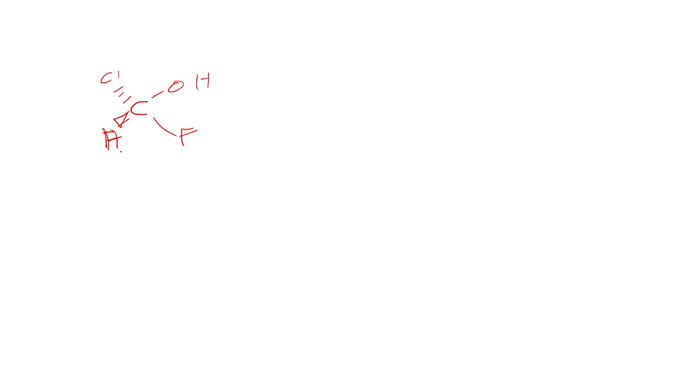So there's two different ways we can do this, right? All right. The way I had taught you the other day was you just go ahead and assign this R/S using the priorities. Just don't worry about the fact that's a hydrogen in front.